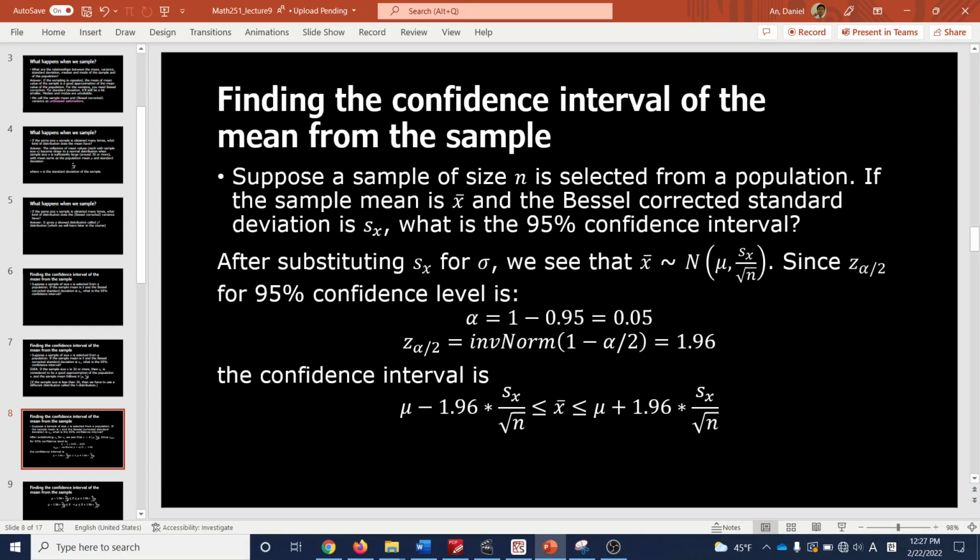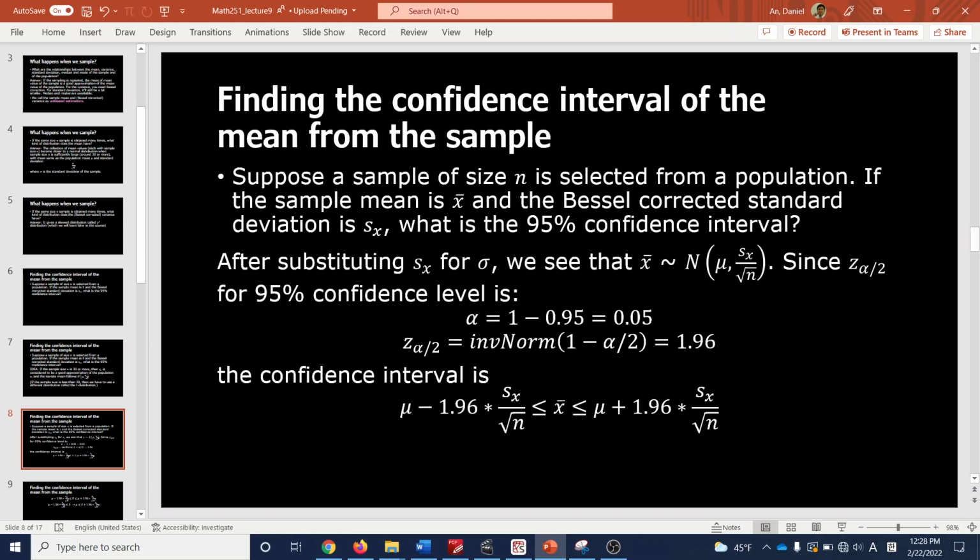Yes? In the top formula, are you treating it as a percentile and not a confidence interval? The question was, am I computing the percentile, not a confidence interval? See, this alpha over 2 gives you the confidence interval because what I'm really doing is calculating 0.05 as the significance level. 95% taken out from 100% gives you 5%.